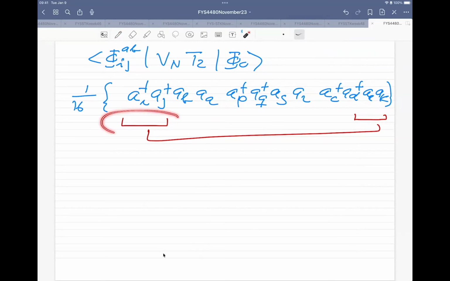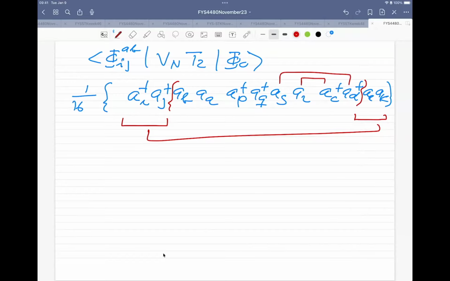So when I mark it like this, it simply means that I leave the hole states unaffected by the two-body interaction. Then we have a whole chain of contractions which involve the particle states. So this is a set of contractions we could have.